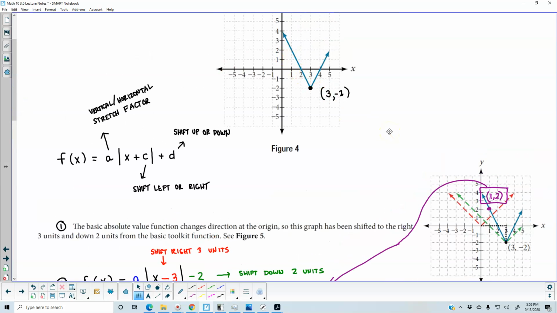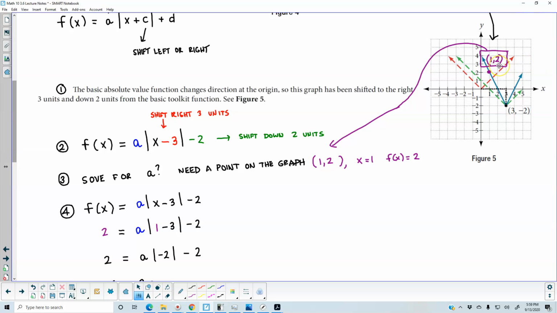If you look up here, there's a nice point we can use on the graph, which is 1, 2. You can see how we figured out that point from here. So here we have the point 1, 2, and so we know that x is going to equal 1 and the value of y is 2. But recall that y is also f of x.